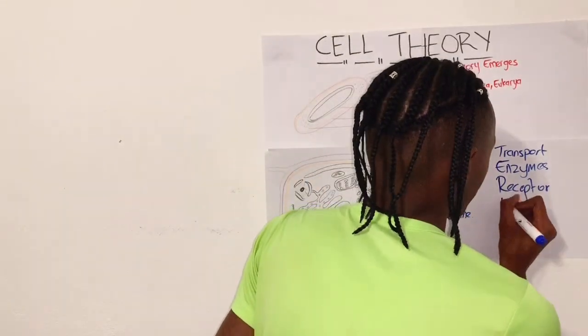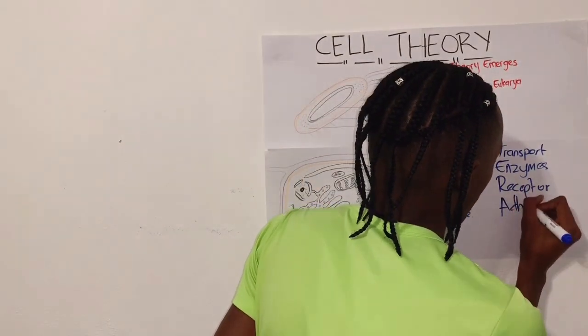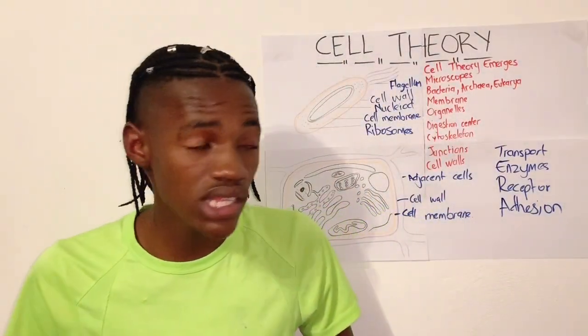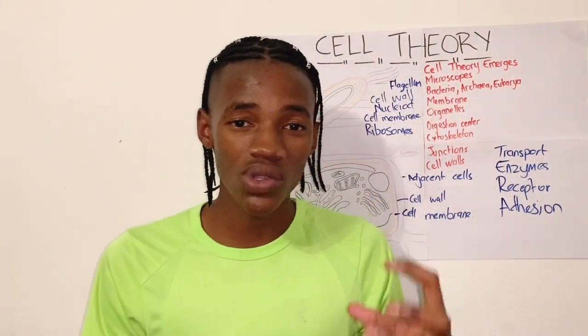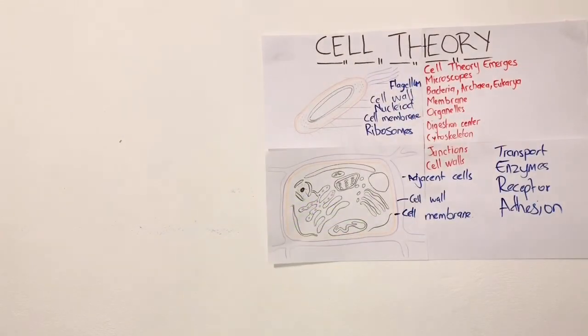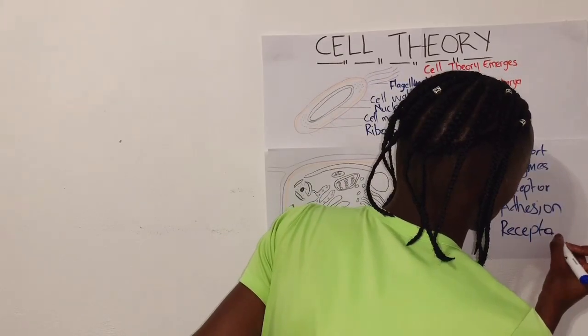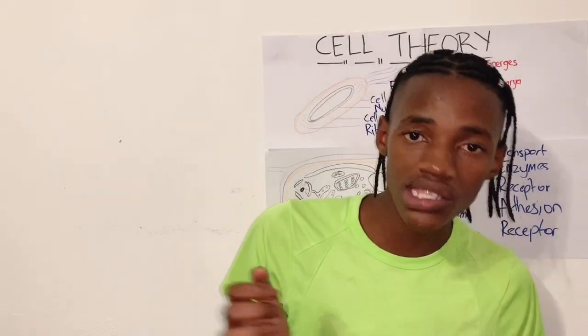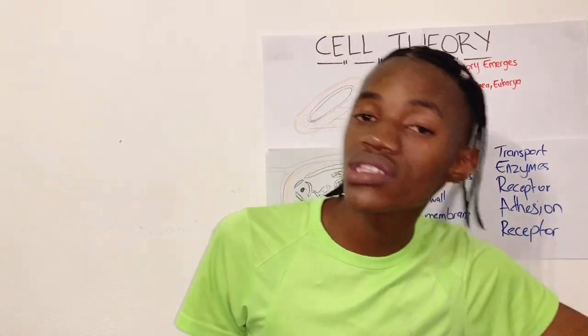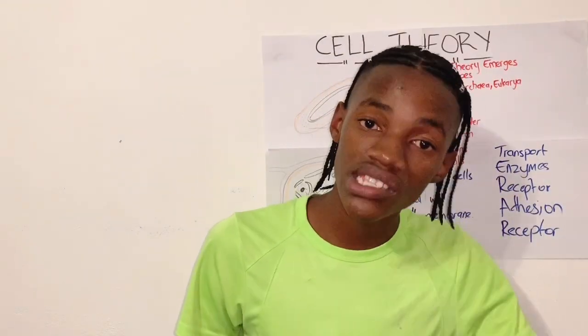And then we have adhesion proteins, which allow cells to stick and bind together. We have receptor proteins, which can trigger a response outside of the cell.